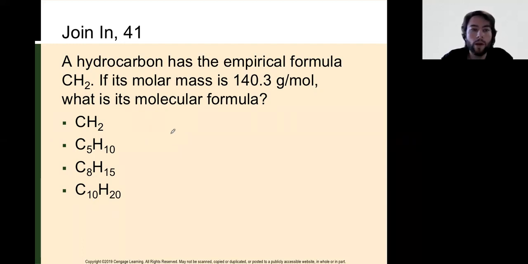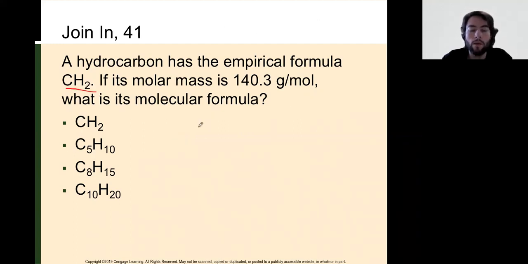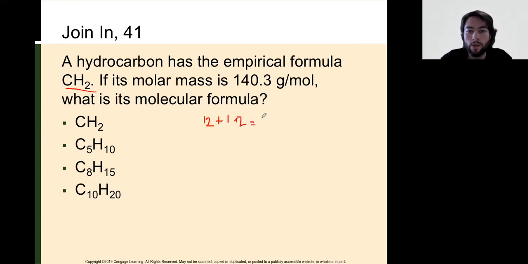Right. So whenever we're converting between molecular formulas and empirical formulas, the first thing is to find out what the mass of this empirical formula is. So carbon is 12 plus 1 for hydrogen times 2, because there are 2 hydrogens, is equal to 14.